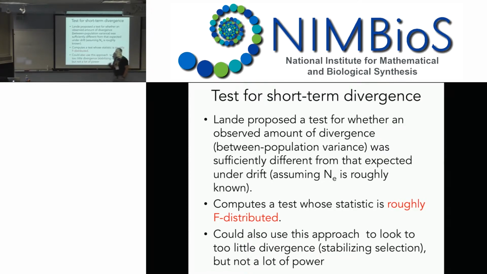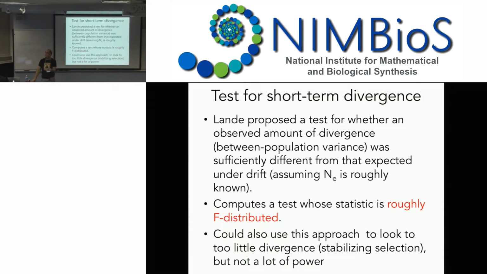So one of the first tests for selection on phenotypes is from Lande, who proposed a test for whether the between population variance was sufficiently different from that expected under drift. Again, all these tests are comparisons.